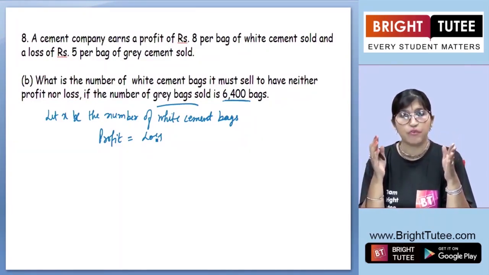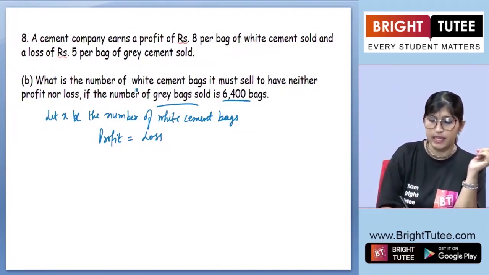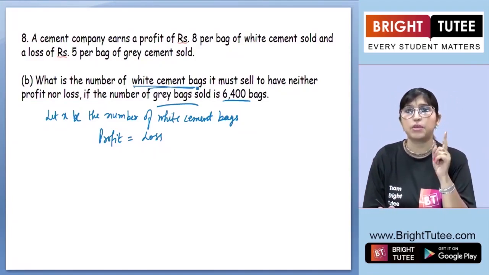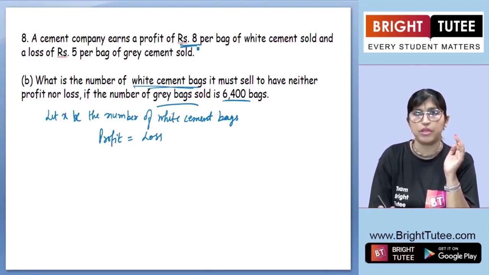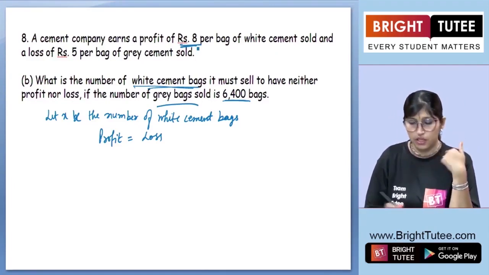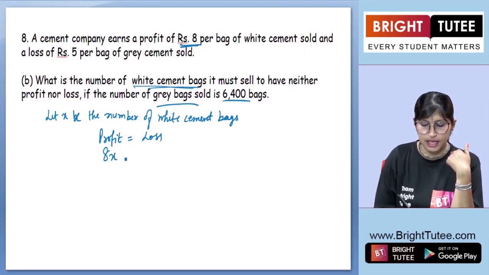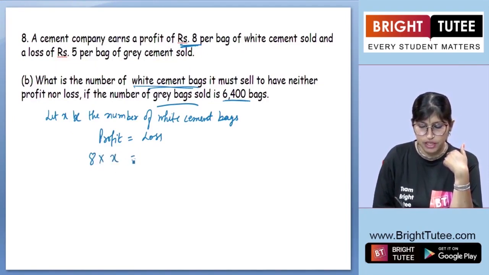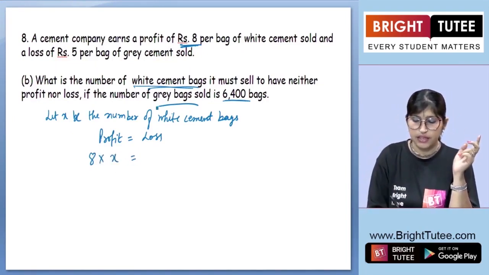Now, we get a profit by selling white cement bags, and per bag the amount is 8 rupees. If we have X bags, the profit will be 8 times X, so we write 8 multiply X. The loss comes from selling grey bags.